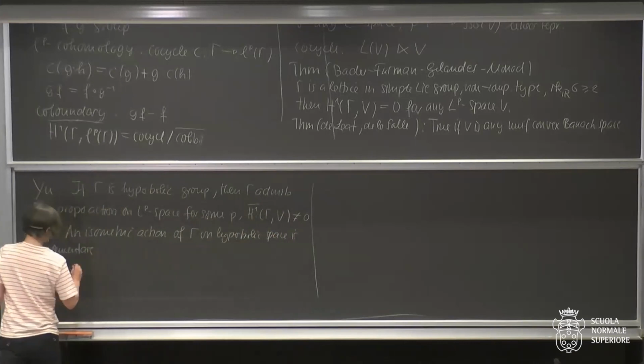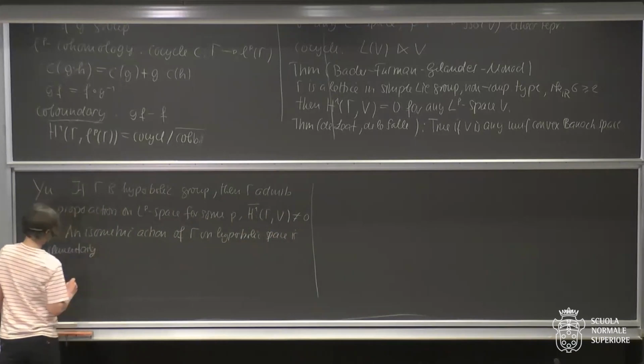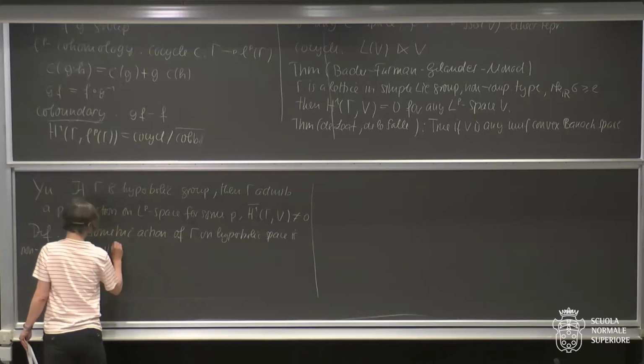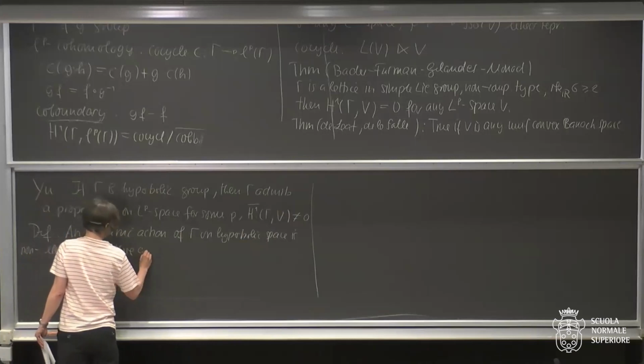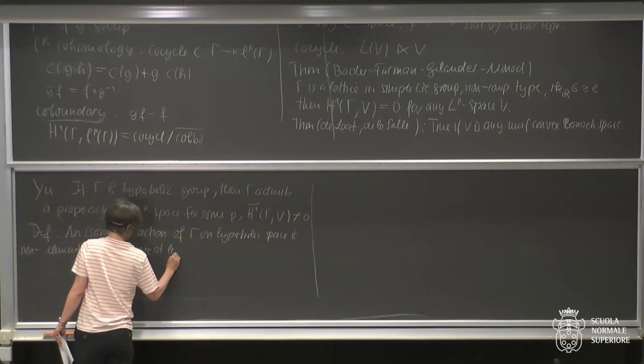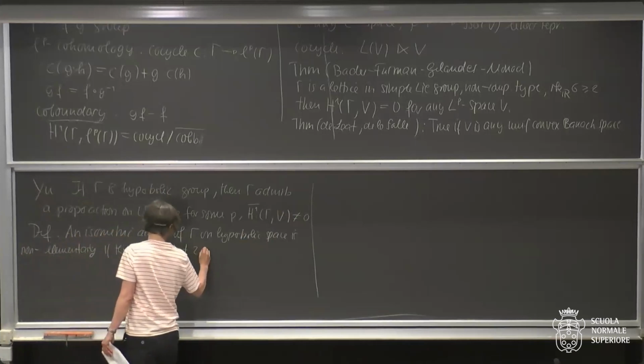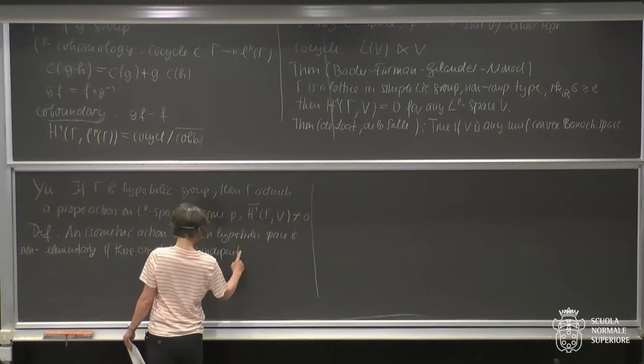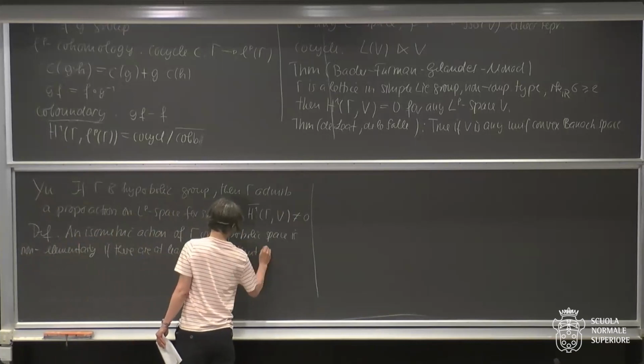Because I want to single out the interesting actions, if there are at least two independent loxodromic elements.